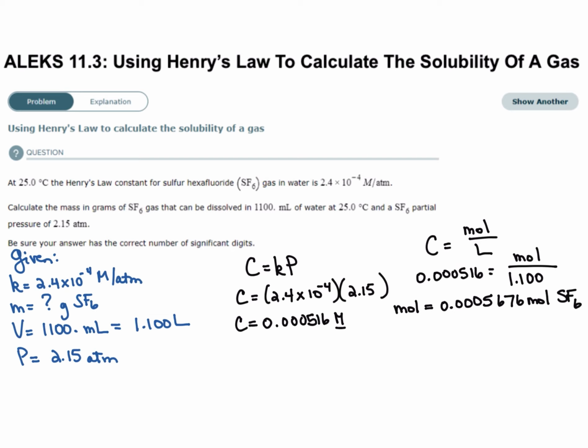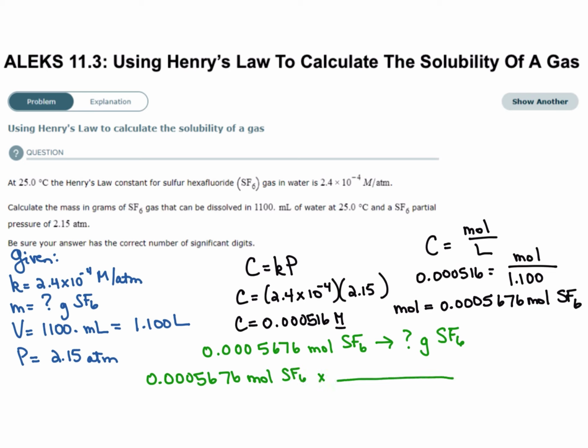So what I'm going to do is do a conversion. I'm going to go ahead and convert my moles to grams. Okay, I want to cancel out my moles of SF6, so I need to put that in the denominator. 1 mole of SF6 is equal to 146.049 grams of SF6.